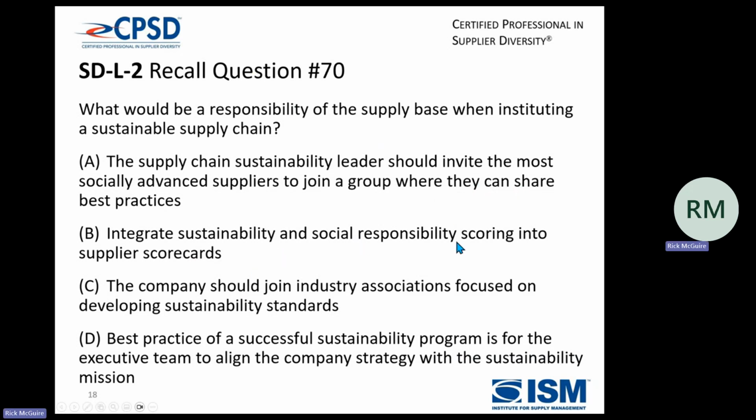Integrate sustainability and social responsibility scoring into supplier scorecards. Companies should join industry associations focused on developing sustainable standards. Best practices successfully sustainability program is for the executive team to align the company. So these last three kind of talk about internal to the organization. This is the only one that sounds like it's external. So I would go with A.